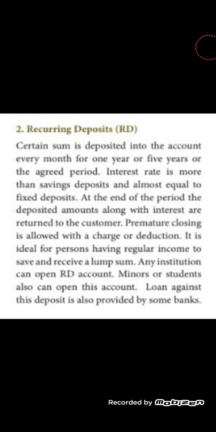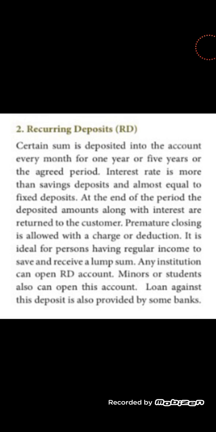The next one is recurring deposits. Recurring means again and again. A certain amount of money is deposited into this account every month for 1 year, or even 5 years, or whatever the agreed period.